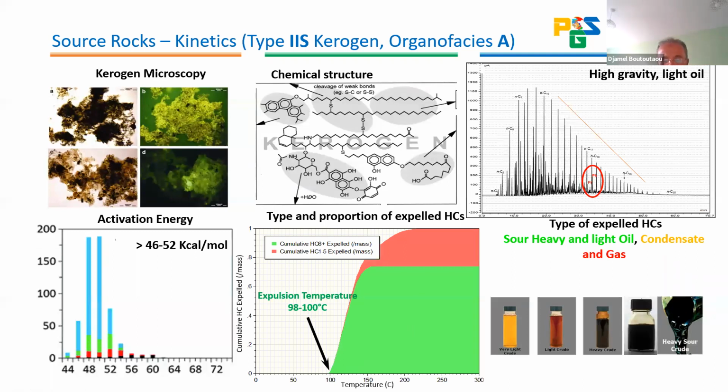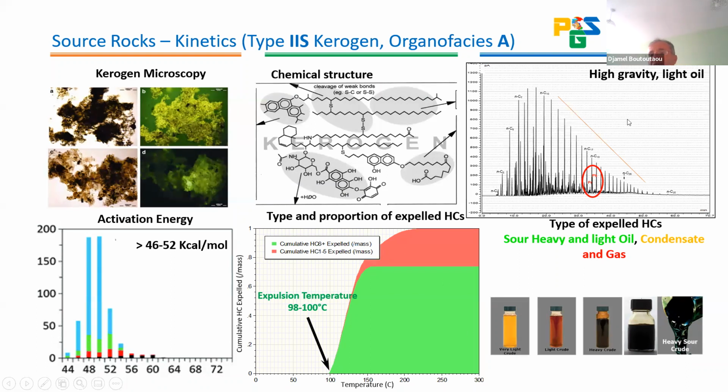Low energy means low temperature, which is the temperature at which generation starts. This diagram is actually showing the expulsion. The generation basically starts earlier, around 80 degrees, and then once the rock gets saturated around 100 degrees, you can start to expel hydrocarbons.